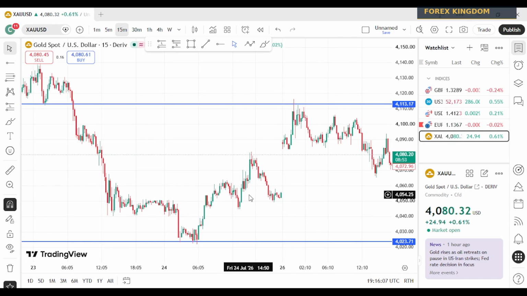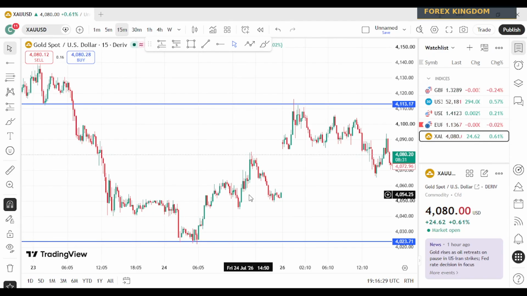So if the market is falling down and the structure breaks to the downside, it means the current trend is likely to continue. Change of character means a reversal. It means the current direction is probably changing.